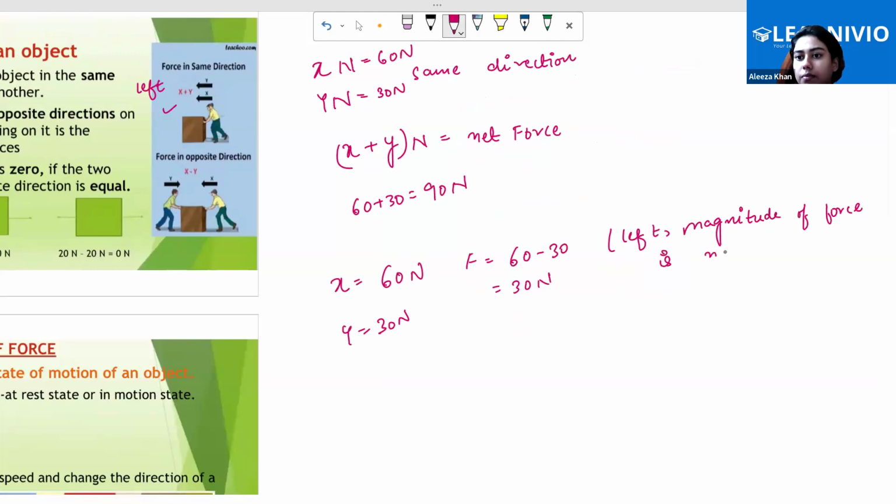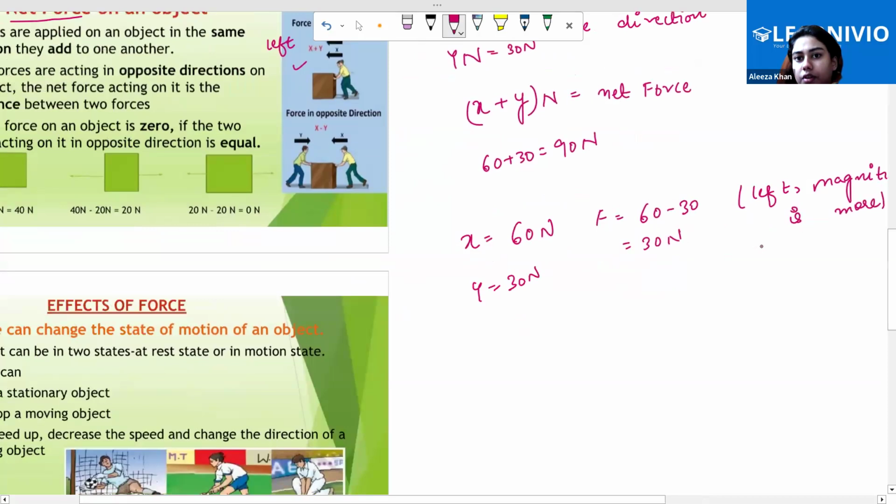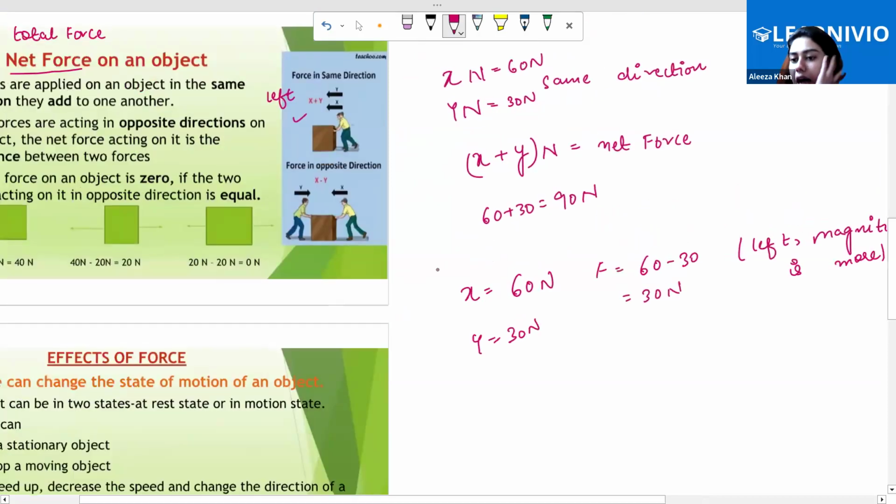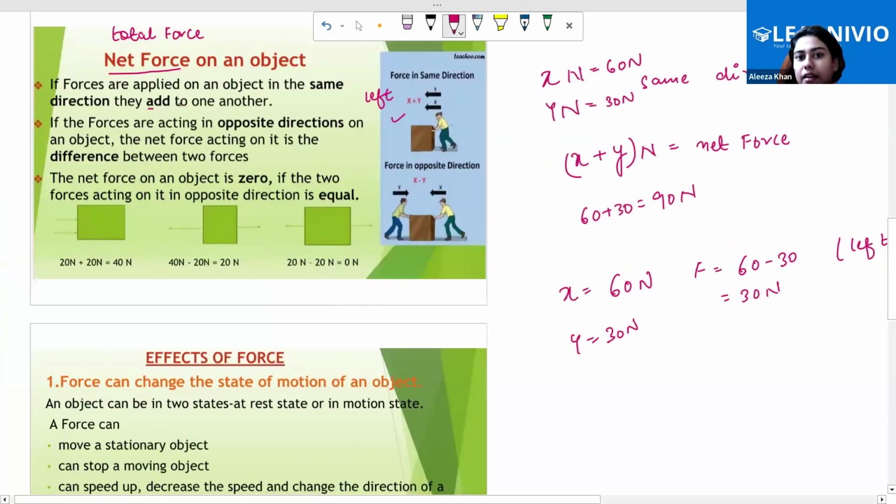Got it? Yes, ma'am. So are you clear with the concept that whenever the forces act in the same direction, they will be added, and whenever they act in the opposite direction, there will be the difference between the two forces?